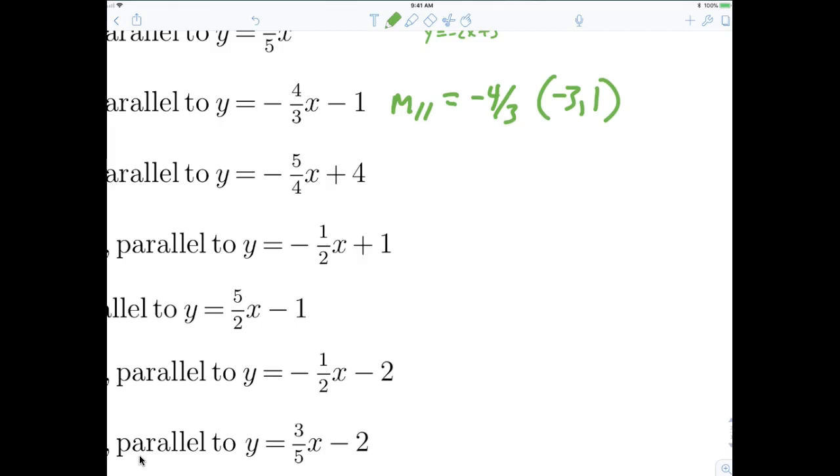So y plus 3 equals... Why what? Hey, are we doing slope? Point slope form. It'd be helpful if you put the y in for y. Y minus 1. There we go. Equals -4/3 x plus 3.